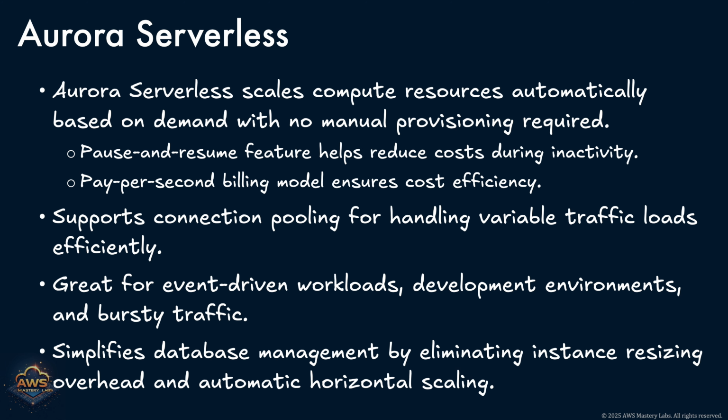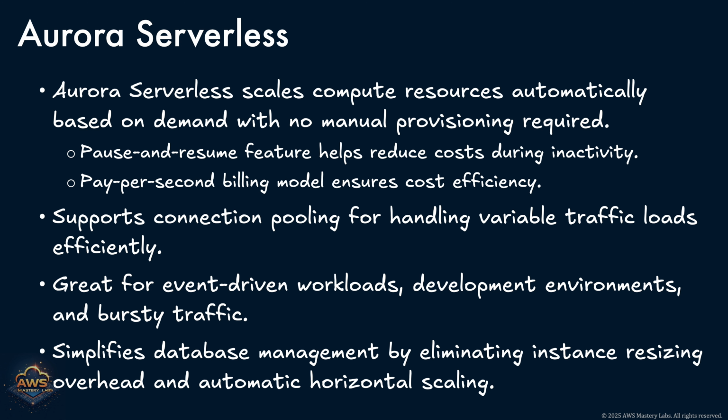Imagine a database that grows and shrinks its compute capacity based entirely on your application's needs, without you having to touch a single setting. That's the power of Amazon Aurora Serverless. Aurora Serverless takes the operational burden out of scaling by automatically adjusting compute resources in real time.